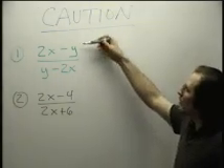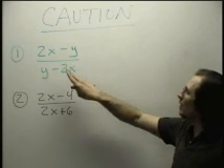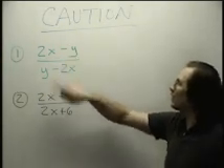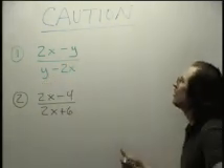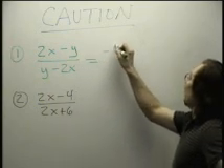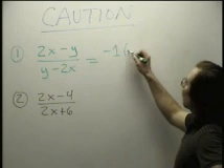and if you'll notice, the numerator and the denominator are identical except that their terms have opposite signs. 2x, negative 2x. Negative y, positive y. So what we can do then is factor a negative 1 out of the numerator.